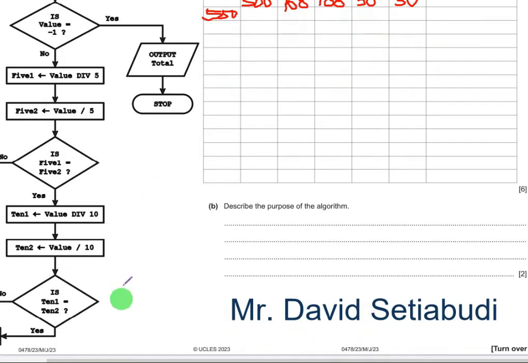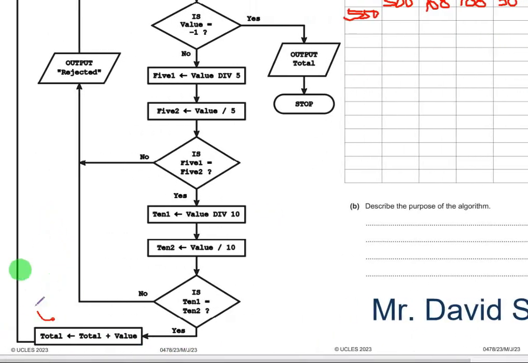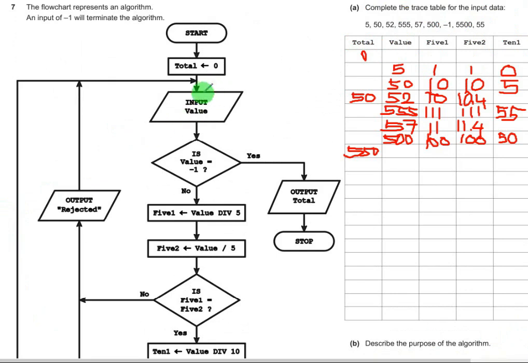Now what is next? Again, it should go up, and we go to the next input value. The next input value after 500 is -1.